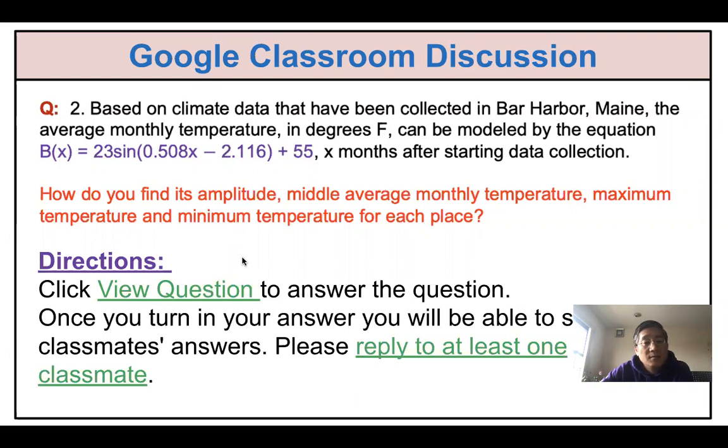That's right. But make sure about the translation. For minimum and maximum, you don't need to worry about the horizontal translation, right? For X, you don't need to worry about 2.116. So, okay, you can answer it.